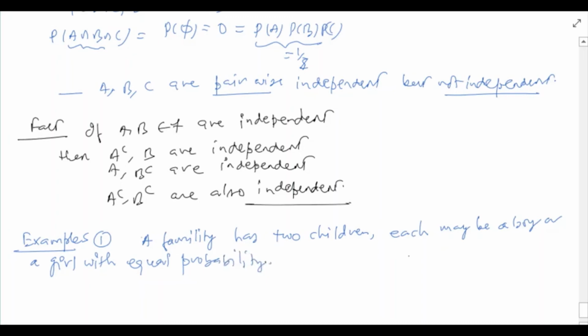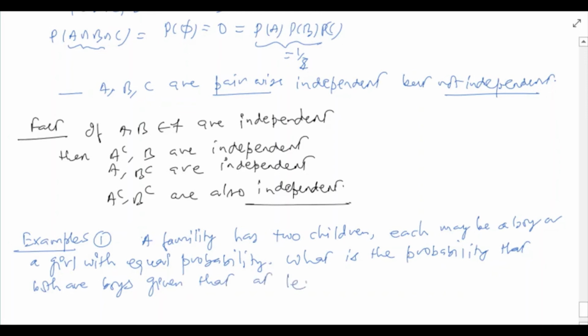We are interested in the conditional probability that both are boys, given that at least one of them is a boy. What is the probability that both are boys given that at least one is a boy?